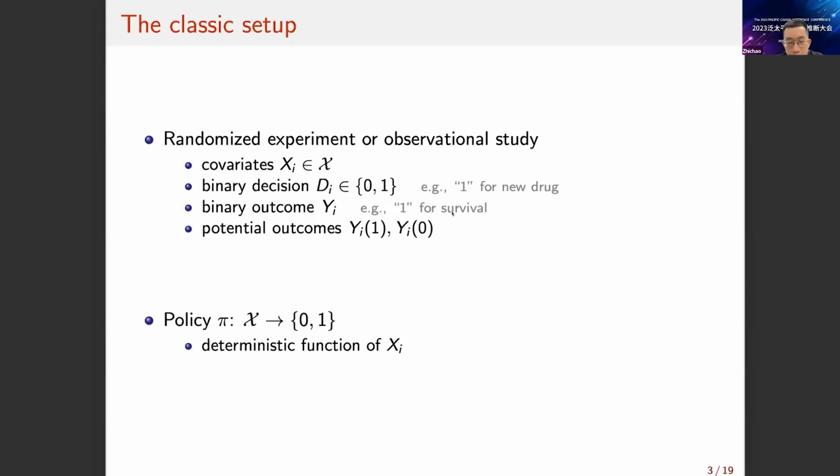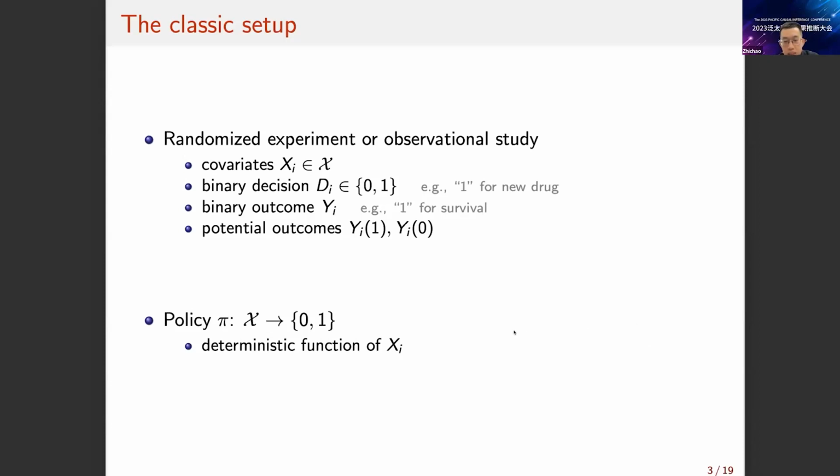The treatment policy, denoted by pi here, is a function that maps the covariate space to the decision space. So given the value of the covariate, the policy tells us which treatment should be assigned to the individual. We focus on deterministic policies in this talk, so pi is a deterministic function of x.